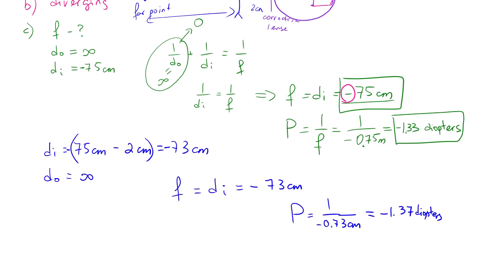As you can see, the power of lenses is different from the power of ordinary glasses. So be careful when you're saying what the power of your lens is, because you always need to ask whether you want ordinary glasses or contact lenses.